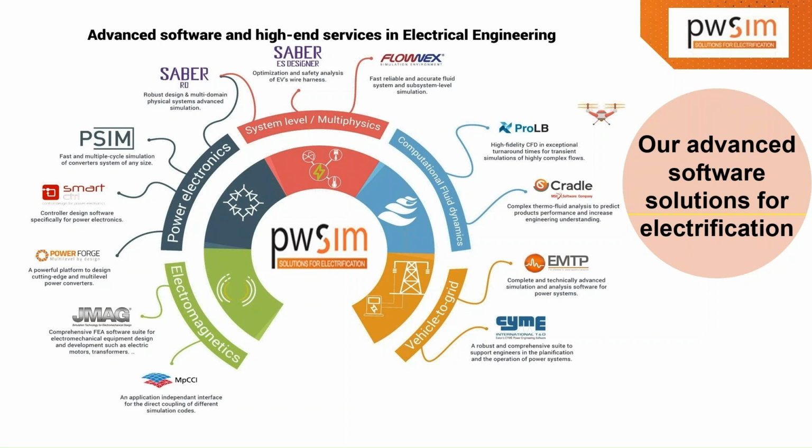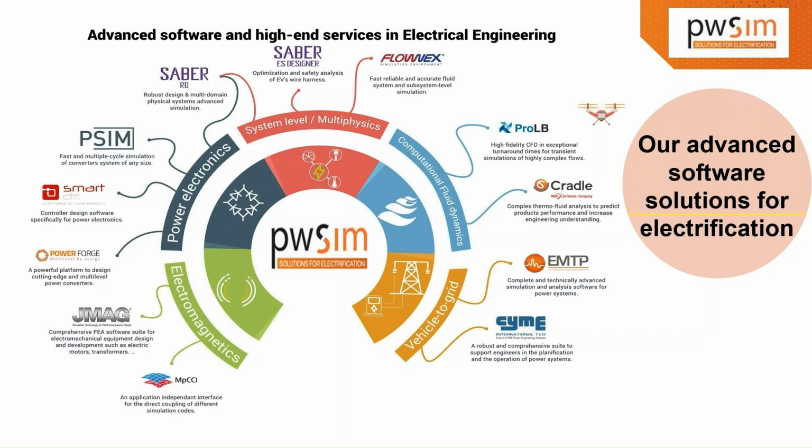Related to power electronics, we have a wide variety of software. The first one is Sabre RD, for robust design and multi-domain physical system advanced simulation. Coming to PSIM, we have fast and multiple cycle simulation of converters, and we also have Smart Control in that package.